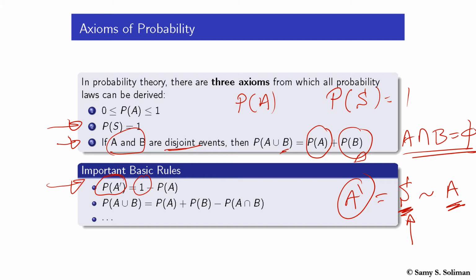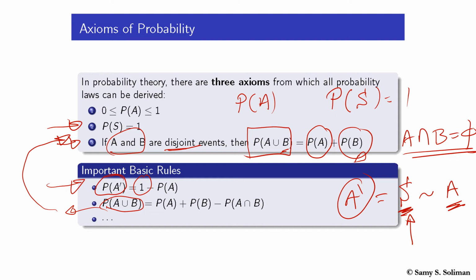Next, if we want to calculate the probability of a union of two events, but for general events. Now again remember, for the third axiom we calculated the probability of the union of two events, but that was in a very special case where A and B are mutually exclusive or disjoint events.